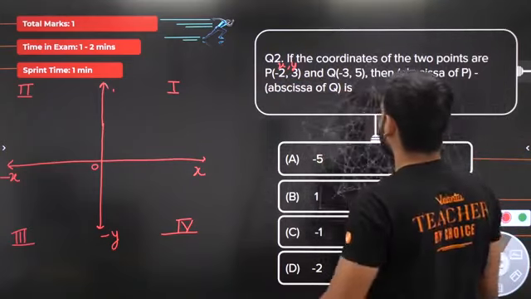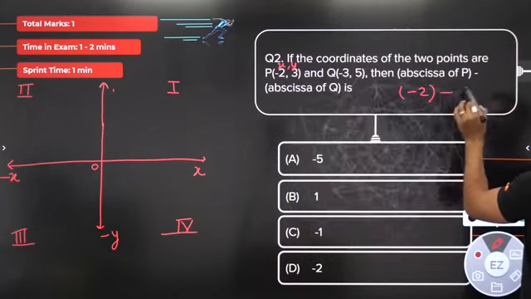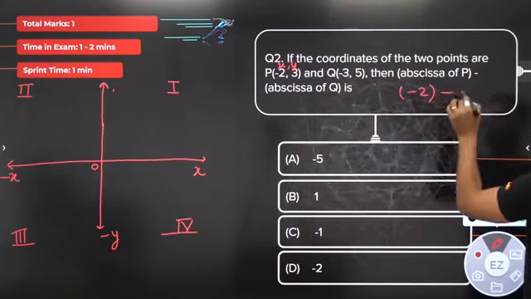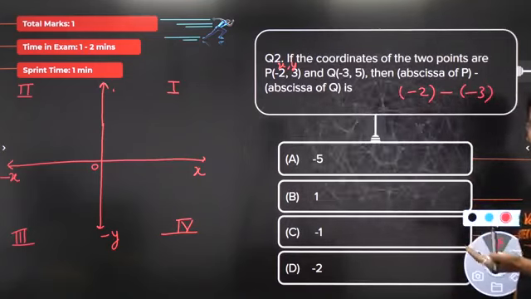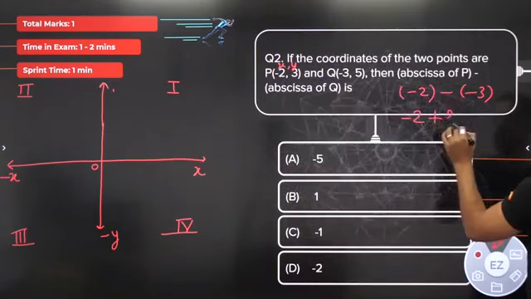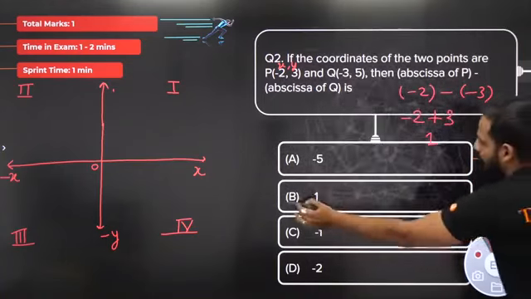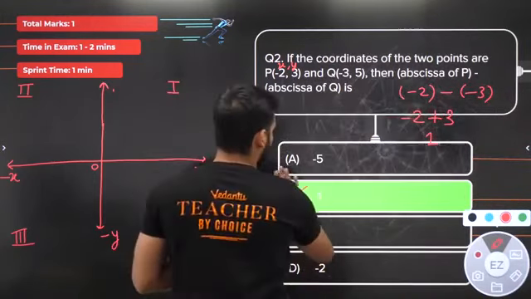So x coordinate of P is -2 minus x coordinate of Q, which is -3. Many students make a mistake, they write the answer -1, but it is not. Minus into minus will become plus, so -2 plus 3 is equal to 1. So the correct answer is 1.